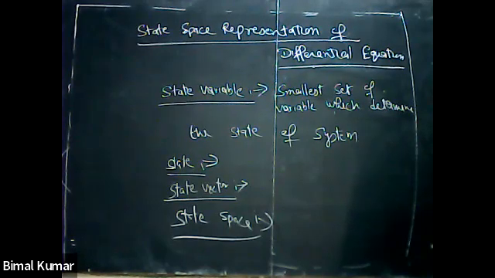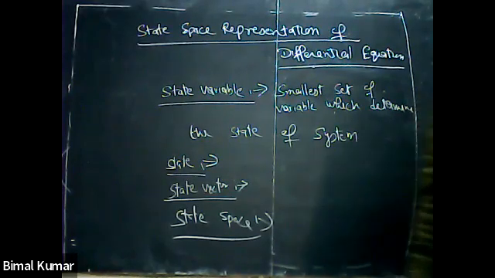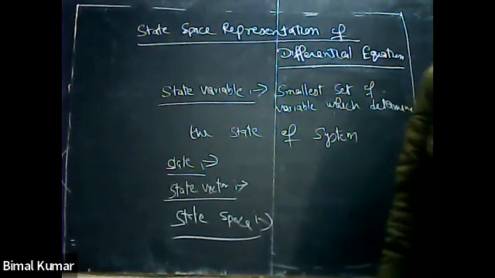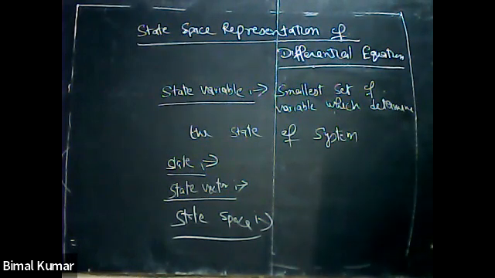We may have variables like temperature, pressure, or any physical quantity or electrical quantity. If we have the smallest set of variables which may be used to calculate the state of the system, then it is known as state variable.